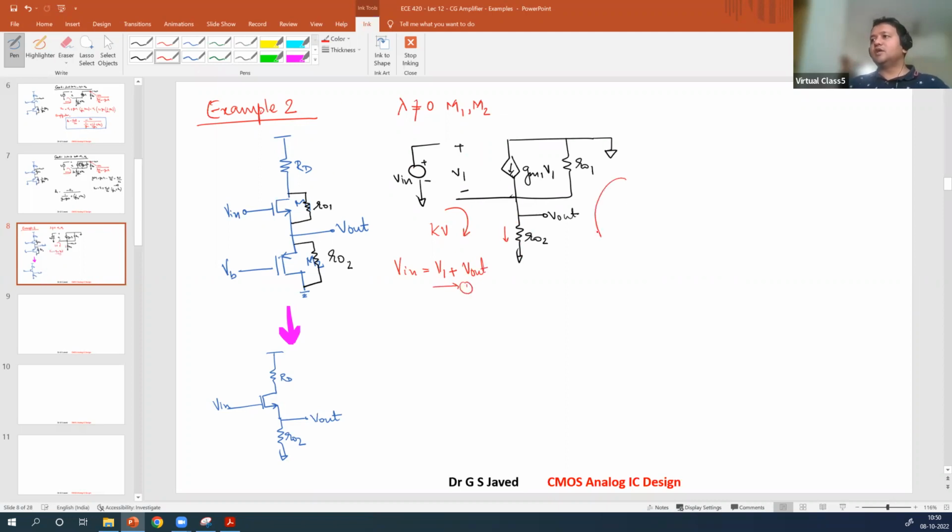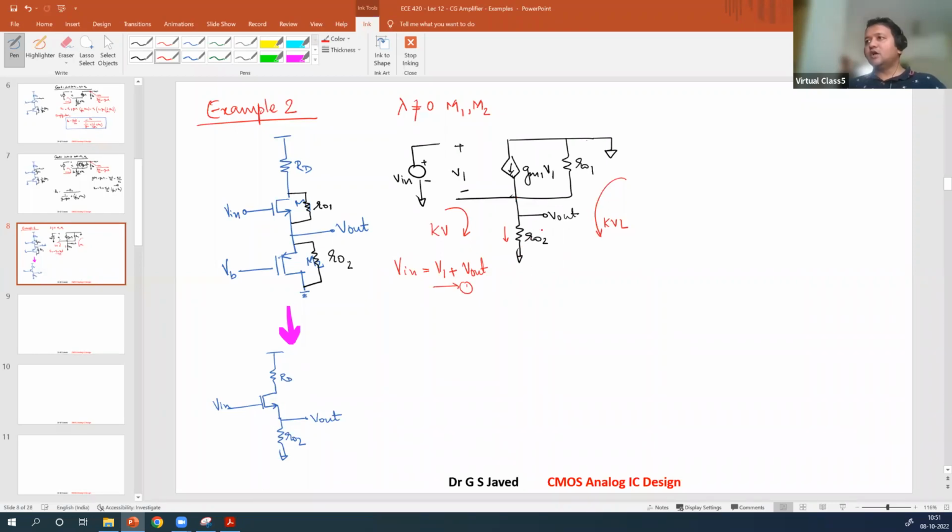Here the other KVL you will apply here. Apply this KVL. What is this value? What is the current and the resistor value? So the voltage across these two are the same, right?